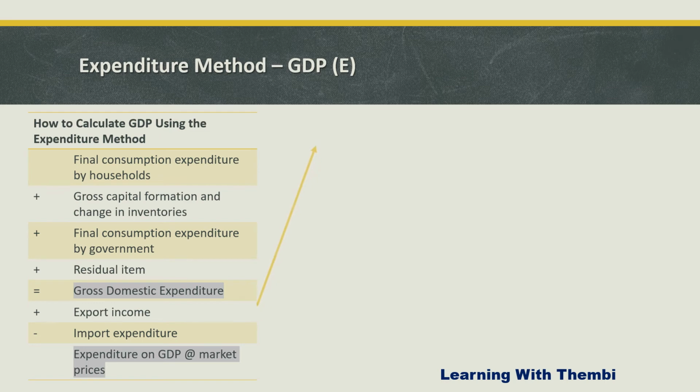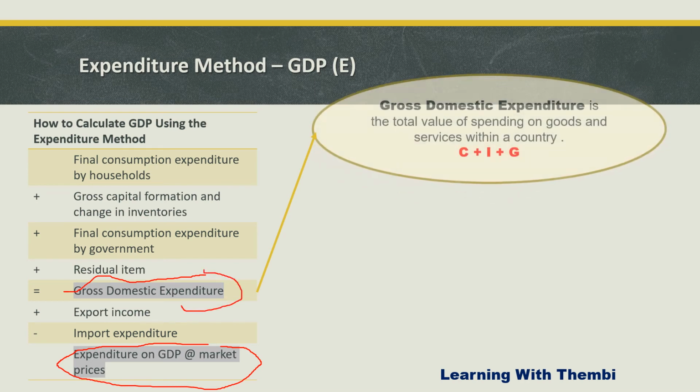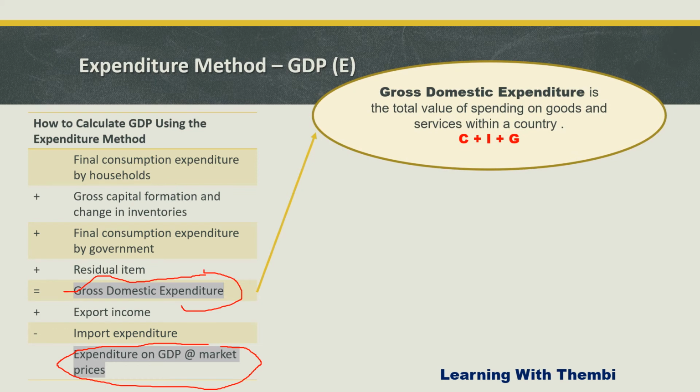So if you can check here, we do not have GDP at factor cost. We do not do any calculations of the GDP at basic prices, but we do have the expenditure or GDP at market prices only, and also the gross domestic expenditure. So by gross domestic expenditure, we are referring to the total value of spending on goods and services within a country.